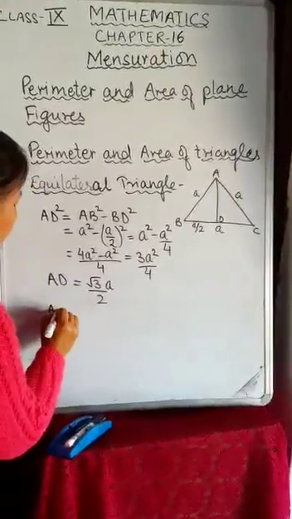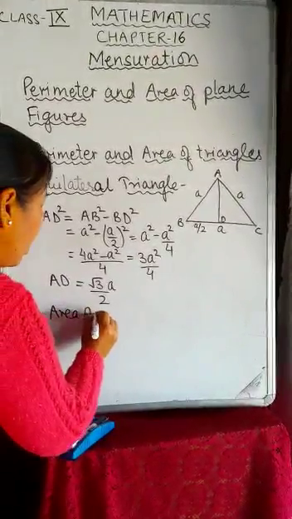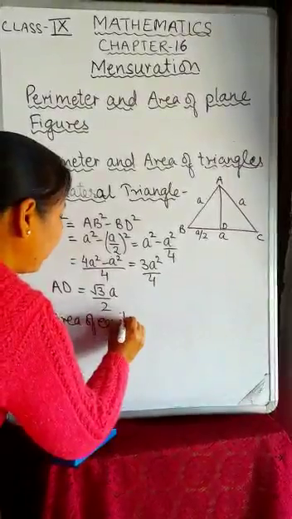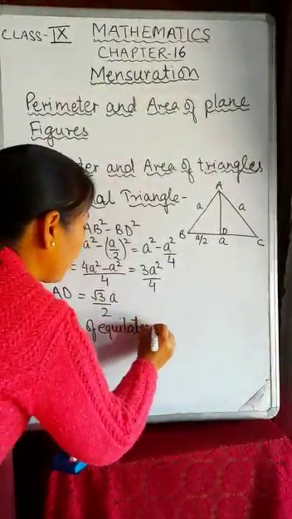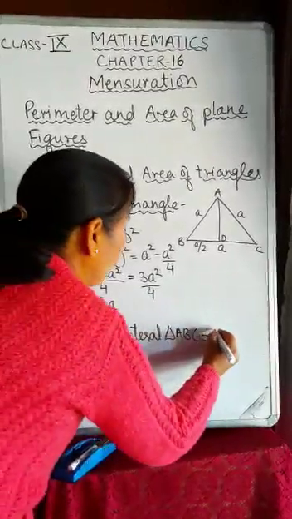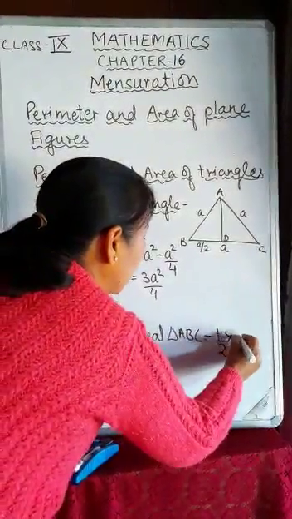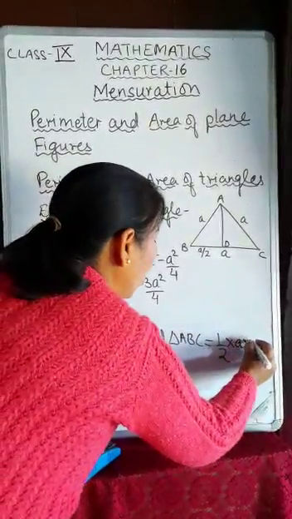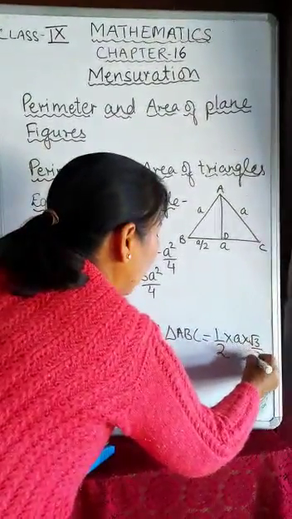Now the area of equilateral triangle ABC is equal to 1 by 2, base is a and the height is root 3 by 2 a.